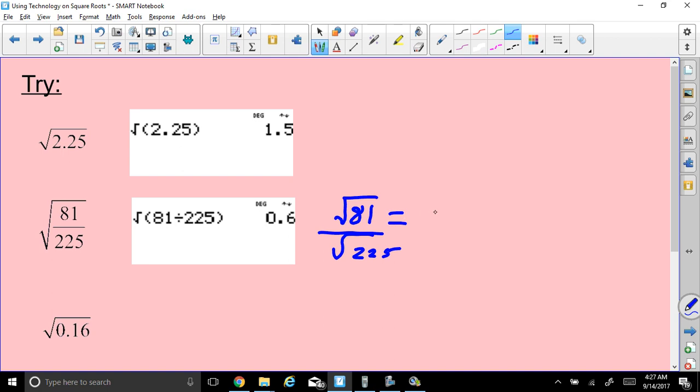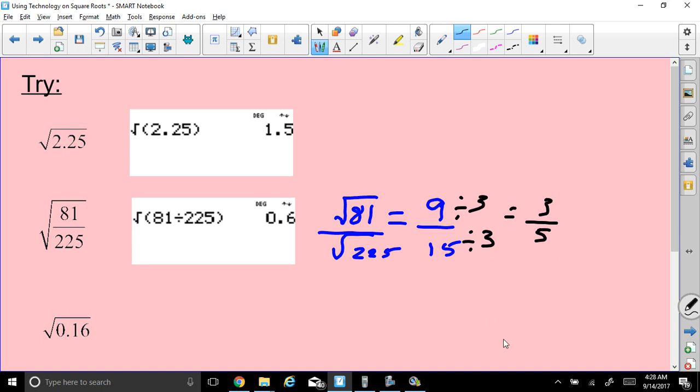The square root of 81 is 9. The square root of 225 is 15. So our answer would be 9/15, and of course those numbers are easily divisible by 3. So you can divide that by 3 and divide that by 3. That'll give you 3/5. Dr. Rob, that's 0.6? Yes, it is.